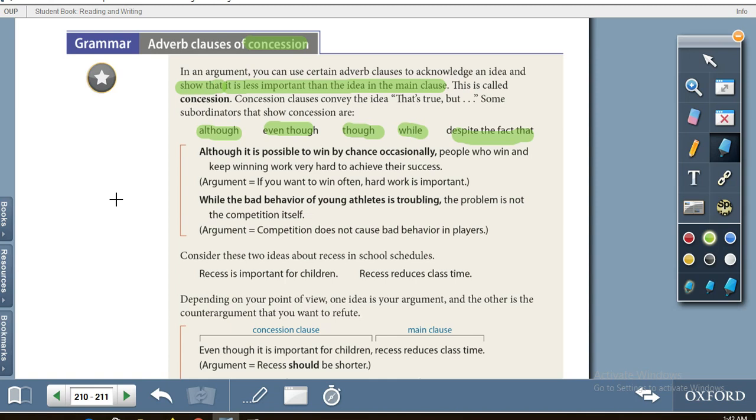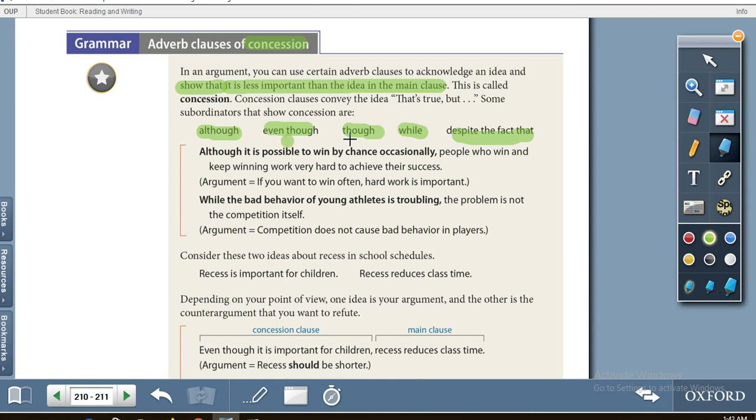For example, we say, although online classes are very effective, traditional classes are better. So which one is better? Traditional classes are better, though online classes also have their value. So in concession, one idea is more important than the other idea.